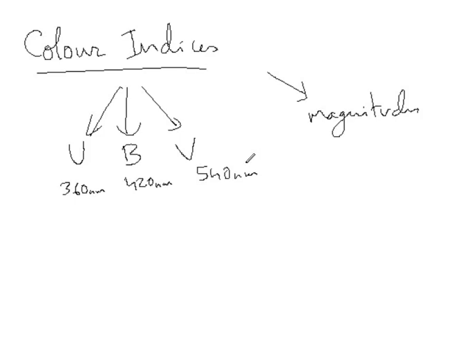Now note that the difference between any two of these magnitudes, say between the blue and the visual, is known as the color index. So we will call this the BV color index.